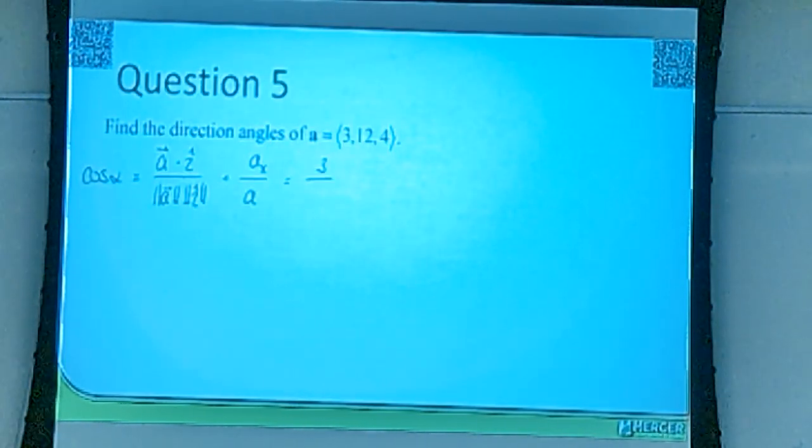What's the square root of 169? 13. Remember, your angles are always going to be between 0 and pi. Since the range of the inverse cosine is 0 to pi, you just take the inverse cosine of both sides.